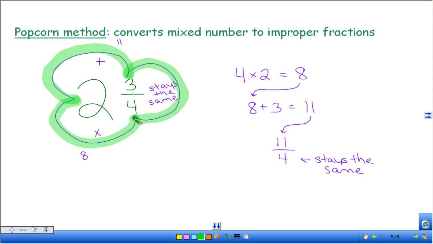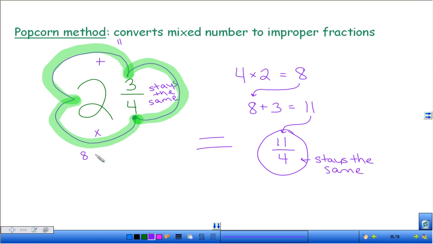It goes back to your denominator, and the denominator stays the same. Okay? So over here, I kind of walked through it. We did 4 times 2 equals 8. 8 plus 3 equals 11. So therefore, 11 is your numerator. Denominator stays the same. So 2 3/4 equals 11/4 as an improper fraction.